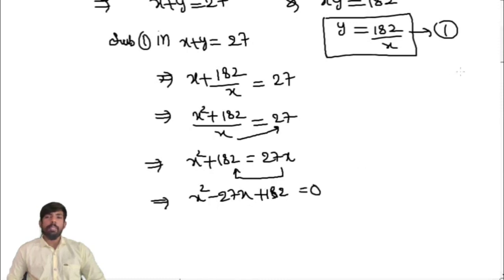Now from here 182 we have, just do LCM. 2 9s are 18, 2 1s are 2.